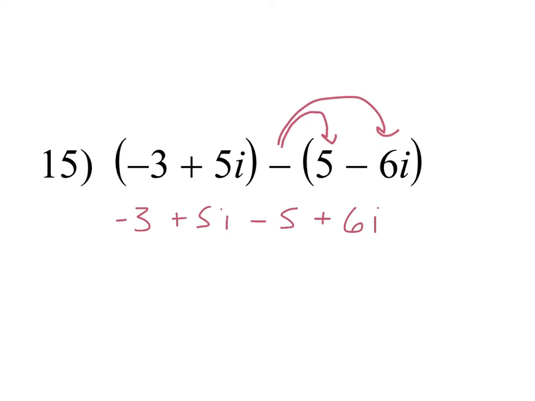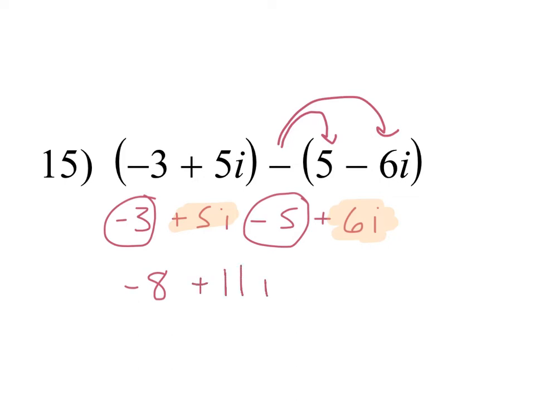Perfect. What do we do next? You combine all the constants, so we combine all the real numbers. So what's negative 3 minus 5? Negative 8. And then we combine the i's, plus 11i. So our answer is negative 8 plus 11i.